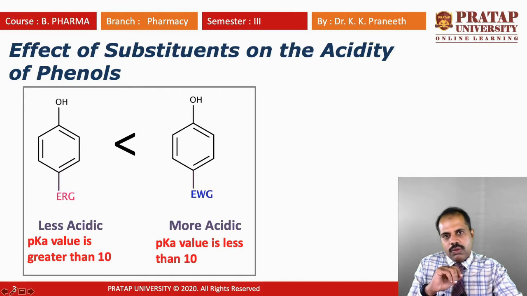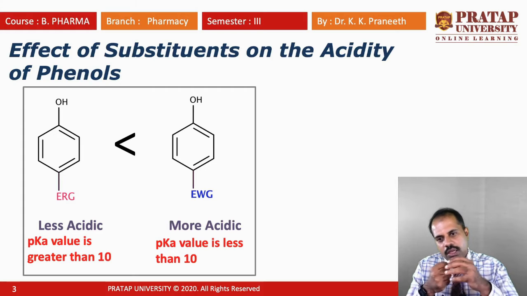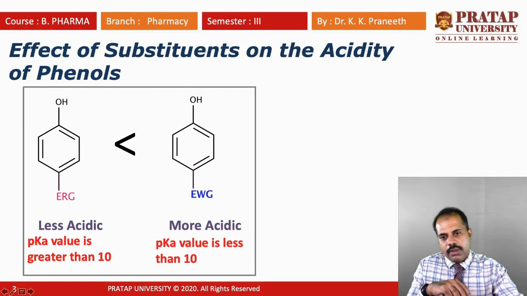We also know some examples of electron withdrawing groups. I will tell 2 or 3 now. Importantly, the nitro group, NO2, is a strongly electron withdrawing group. It will take electrons from the phenol ring. Another important example is the carboxylic acid group. The COOH group can also act as an electron withdrawing group.